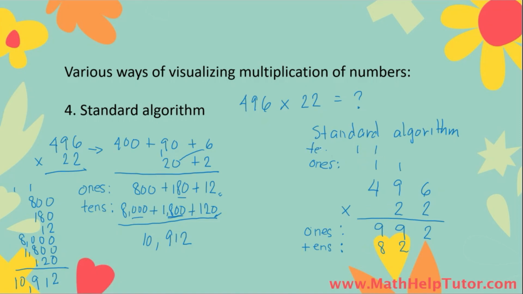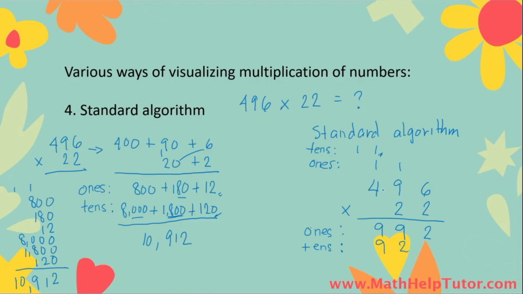And by the way, these are the carryovers for the multiplication in the tens place. Now, since we have a carryover from what we did from 6 times 2, we're going to add that carryover to the 8, where, of course, 8 plus 1 becomes 9.